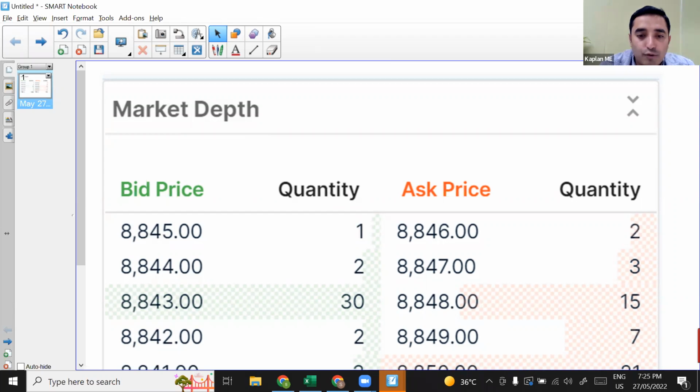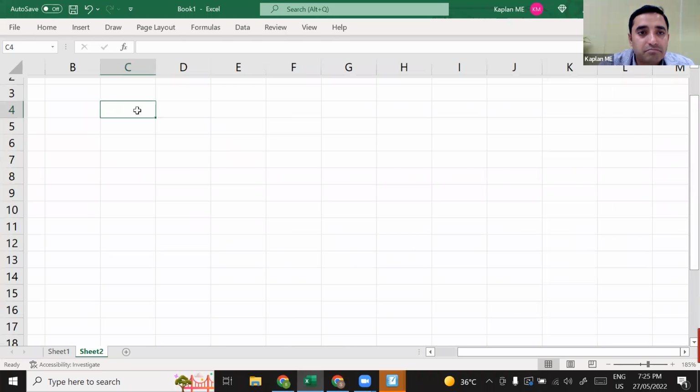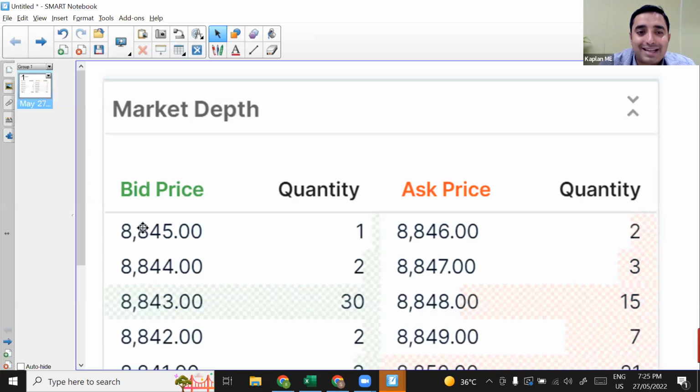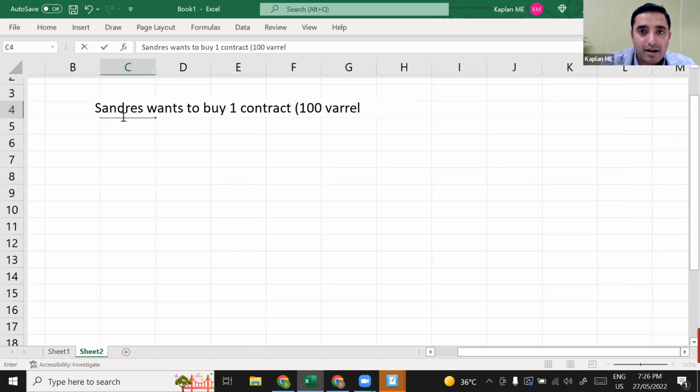Clear? So if you check my order book, let us call this person, let's say, Sanders. I don't know, but I'll just call this person Sanders. So Sanders wants to buy one contract, which means 100 barrels of crude oil at what price? 8845 per barrel.